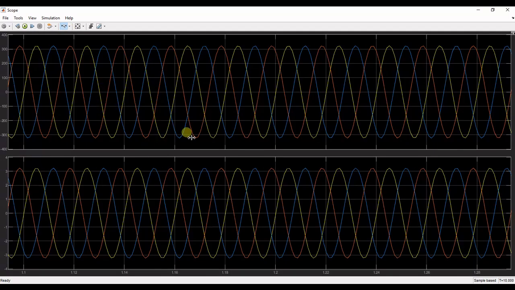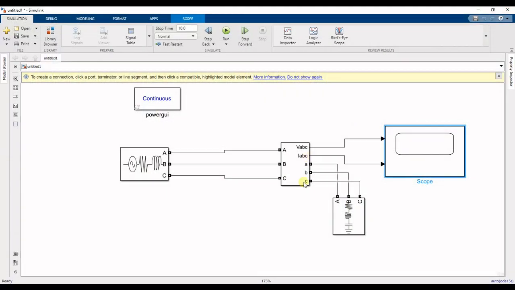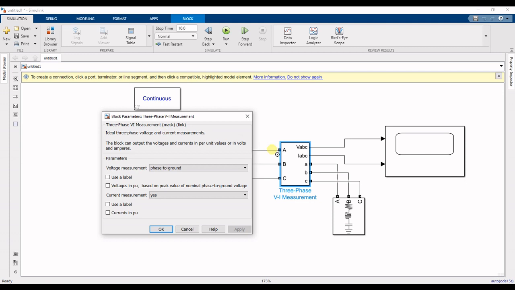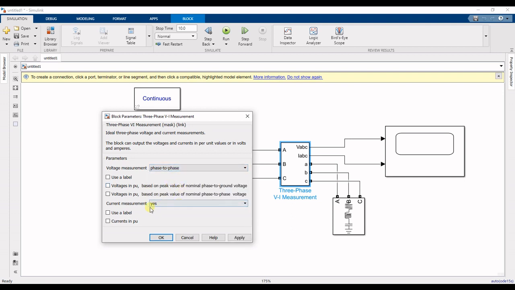We can check why it is coming again. In the three-phase VI measurement block, we have two options for voltage measurement, either phase to ground or phase to phase. We will put it as phase to phase measurement and save it.